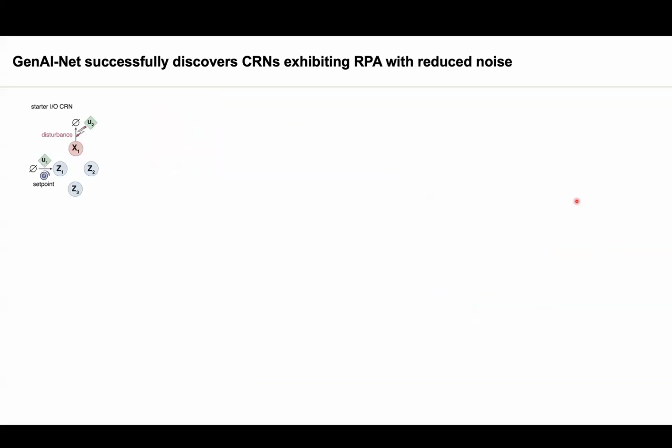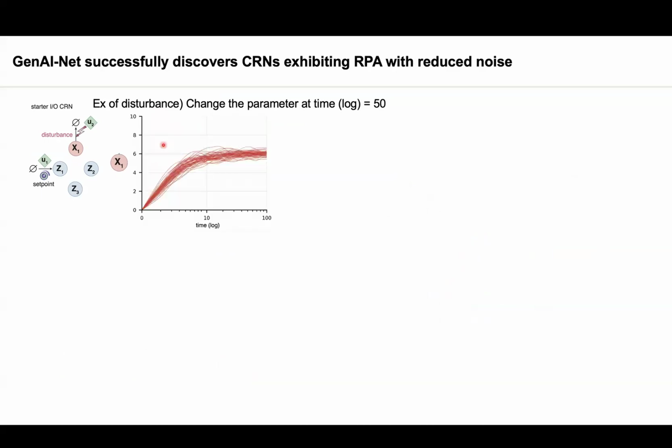And as a last example, the dynamical property we want is that after some perturbation or disturbance in the system, we have to maintain a stable mean, even after the disturbance.